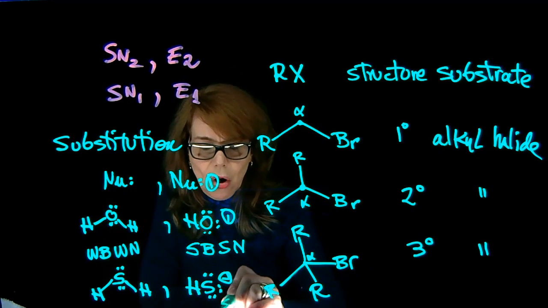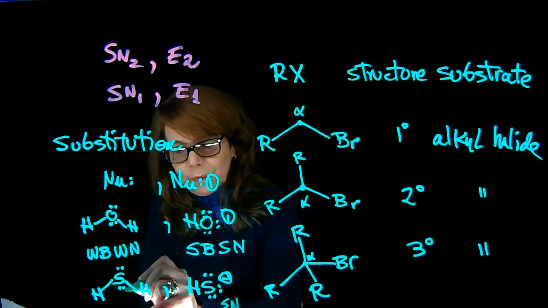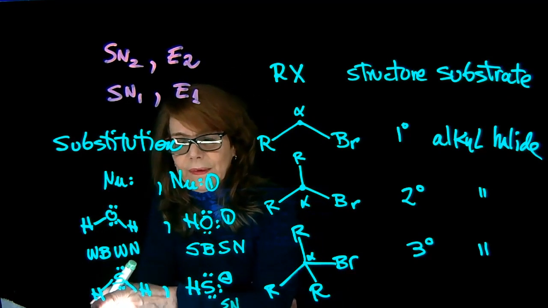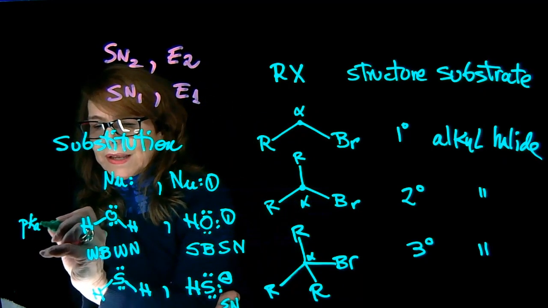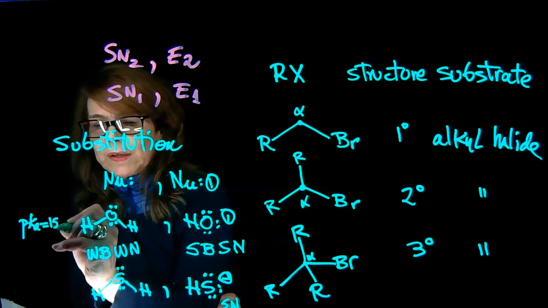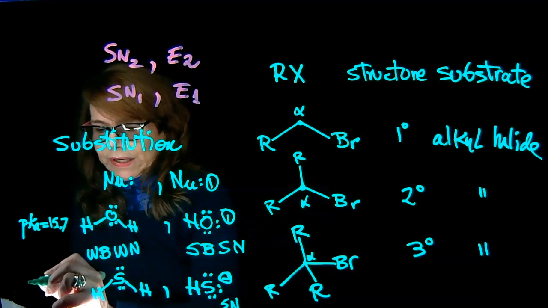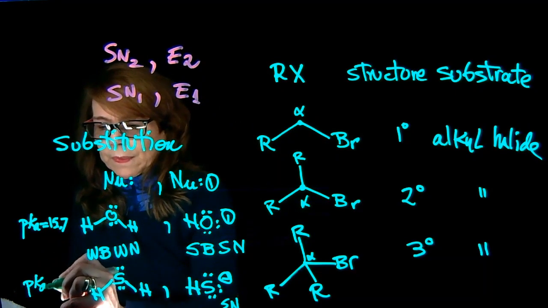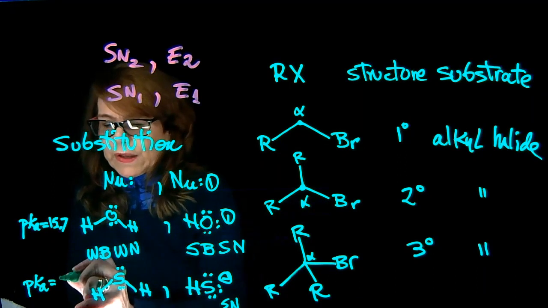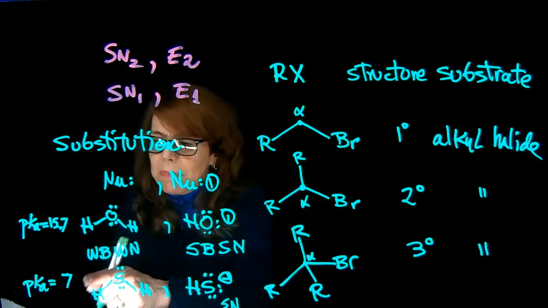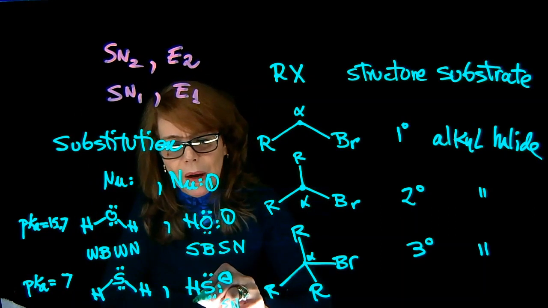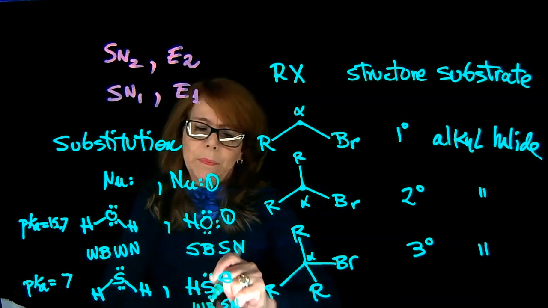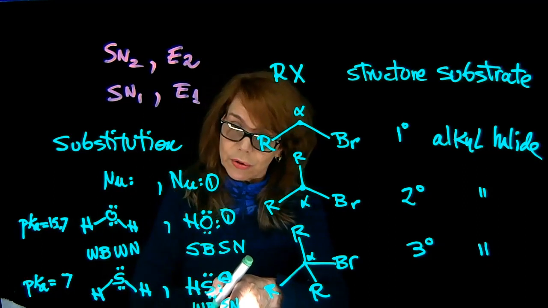That's a strong nucleophile. This molecule is also much more acidic. Here I want you to see the pKa, for example, of water is 15.7, whereas the first pKa of hydrogen sulfide is 7. So much stronger acid, so much weaker base. It is a weak base, but it's a strong nucleophile.